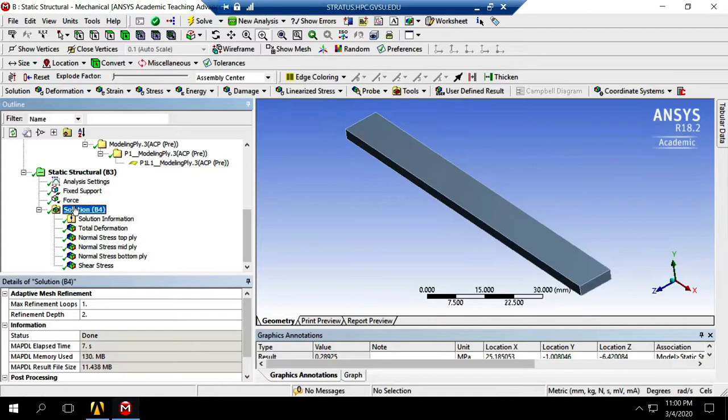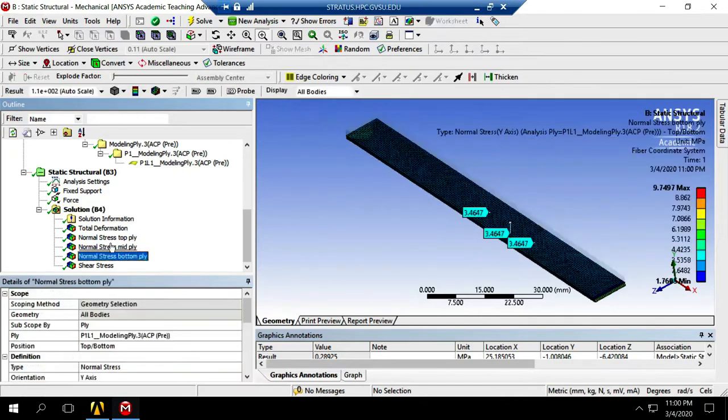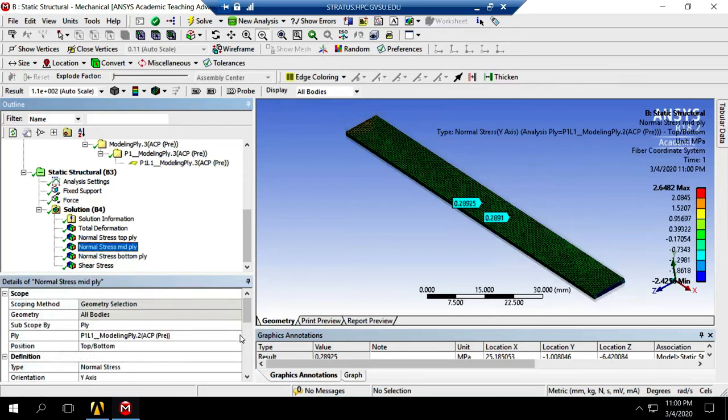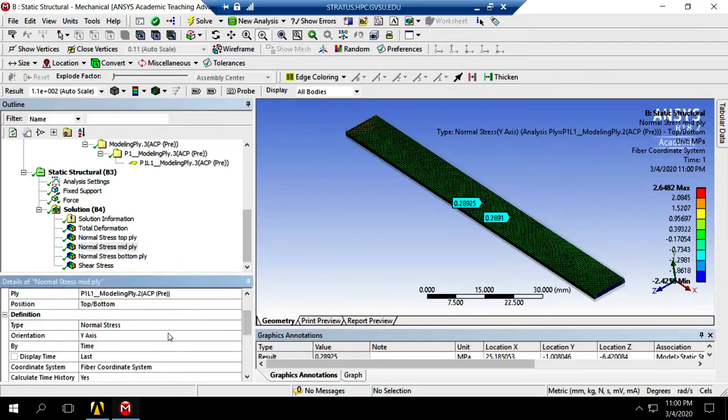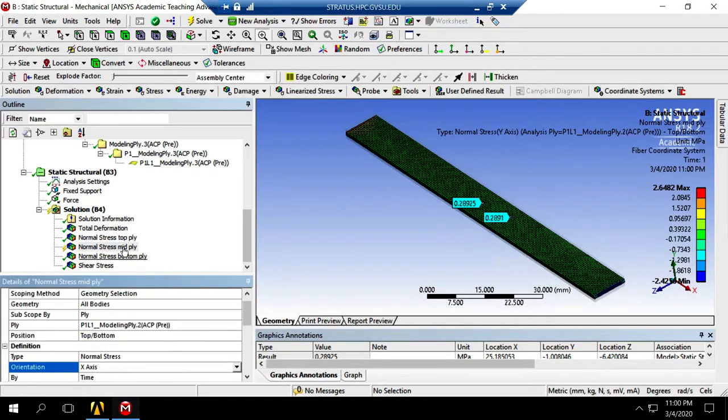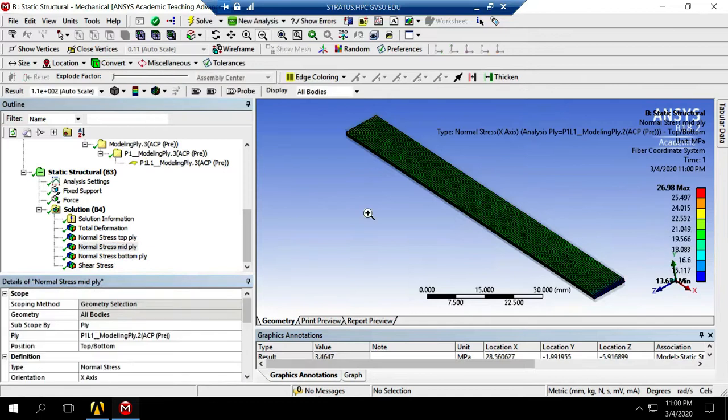So you see that applying this theory is easy. For this example, if you look at the mid layer, it was the most critical one. You come here and look at, based on the fiber coordinate system, your maximum sigma L, your maximum stress in longitudinal direction. This is 20 megapascal. If this is less than the strength of your lamina, then we don't have failure.